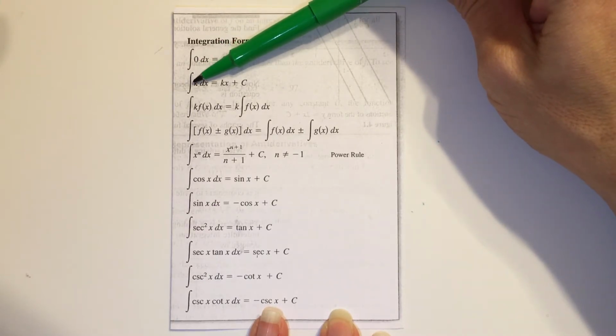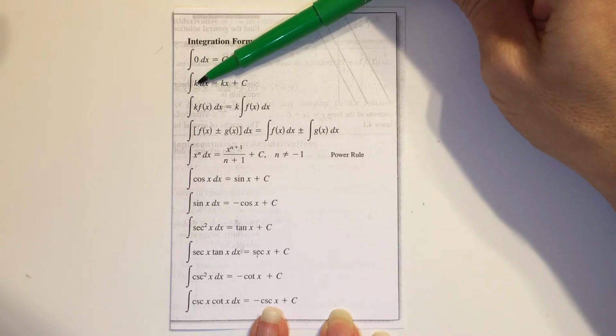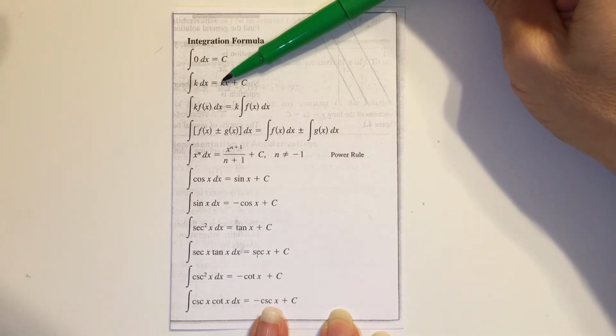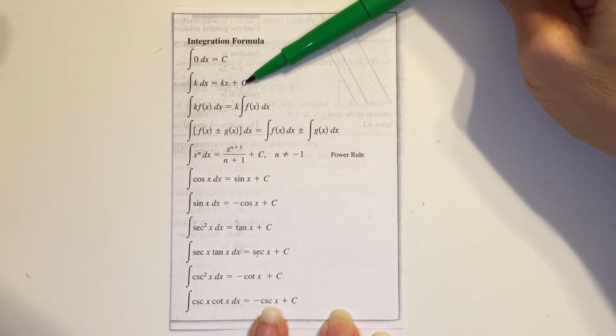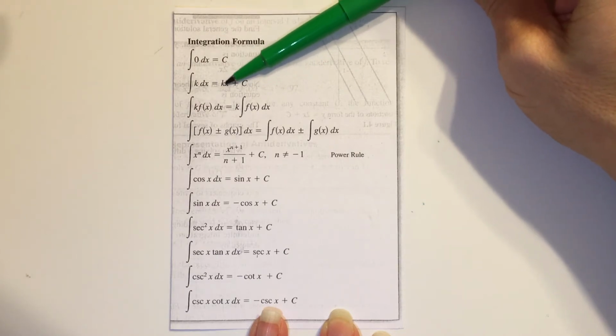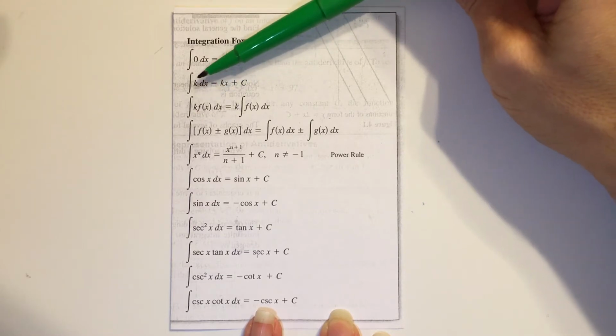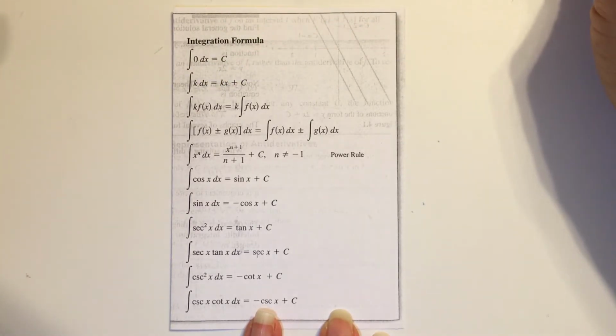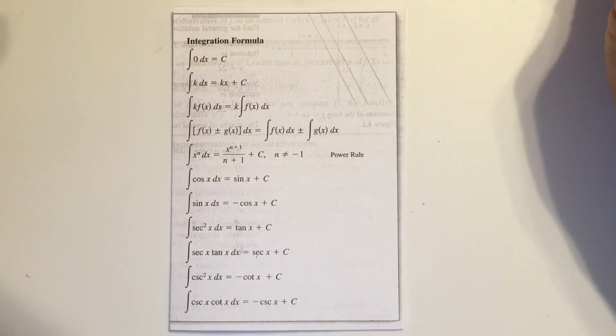So if you are asked to integrate, let's just say 2, you're asked to integrate 2 dx, then this would be 2x plus c. But if you take the derivative of 2x, remember the derivative of 2x would just be 2, or whatever k happens to be representing, okay?